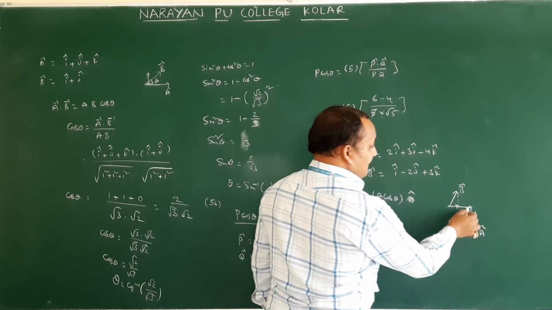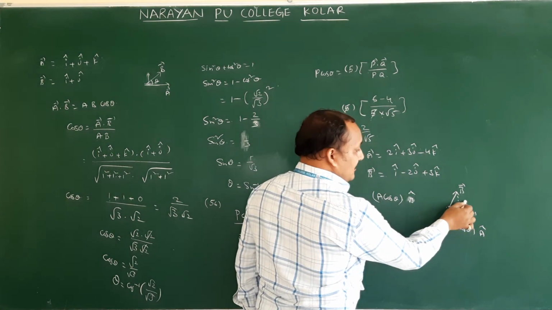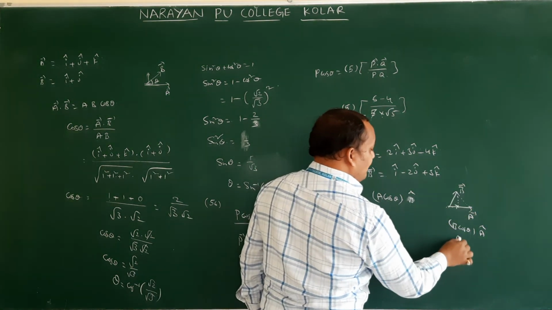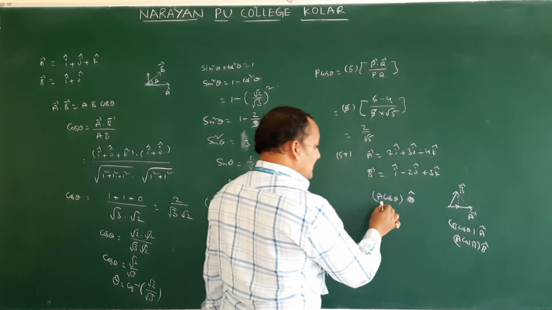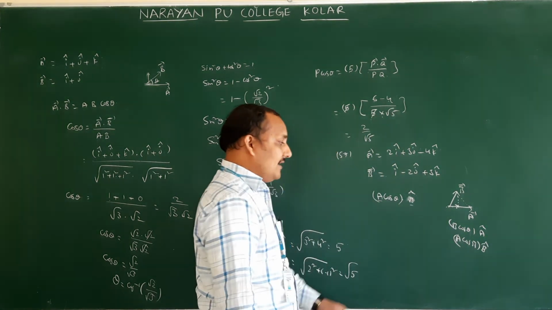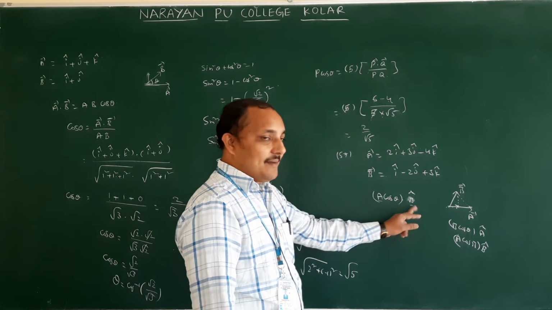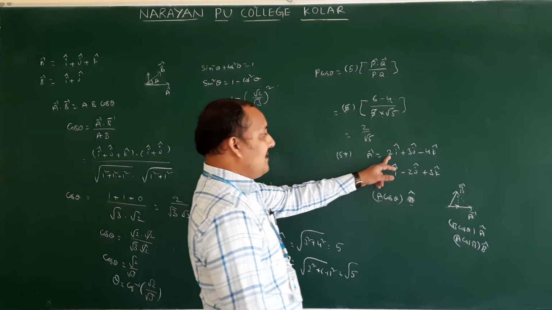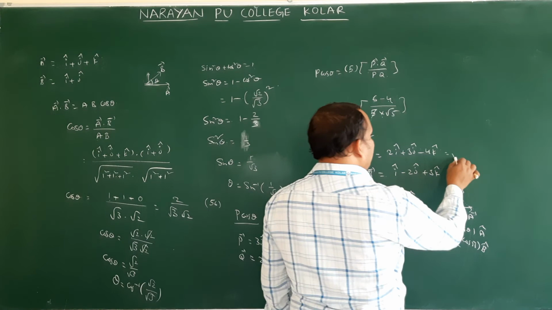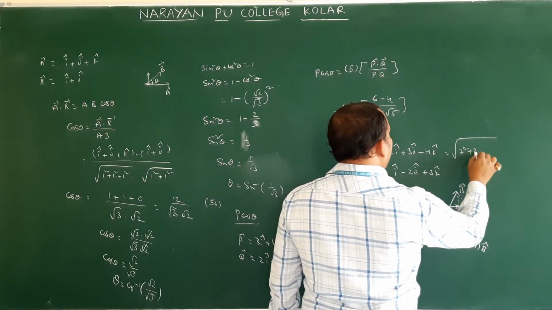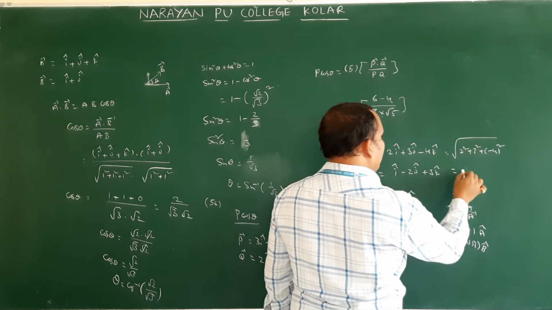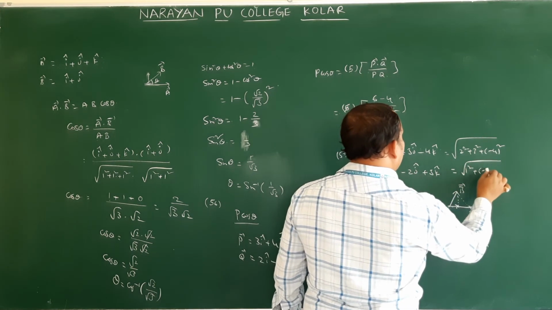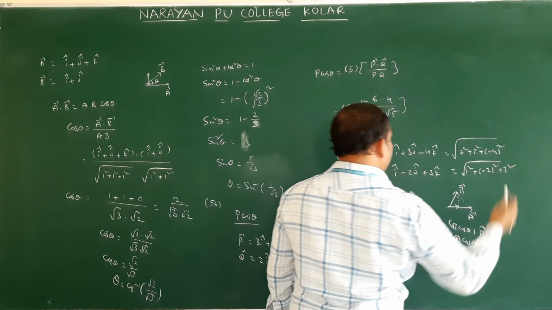If you want to make this one resolution, then this is going to become A cos theta B cap. Simple one is here: A cap means B cap you should take, here B cap means A cap you should take. A cos theta, same like this, you can find magnitude 2 square plus 3 square plus minus 4 whole square. Here B you can find 1 square plus minus 2 whole square plus 3 square.